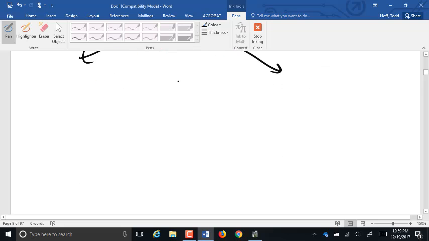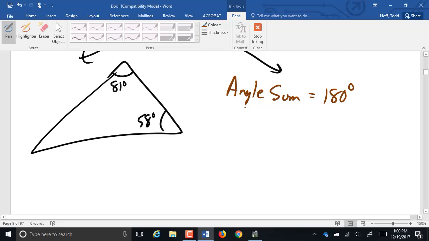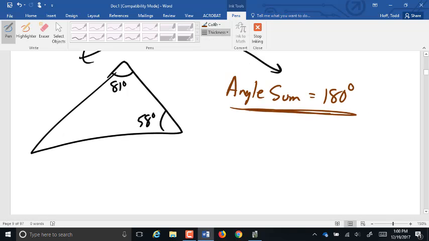Well, the last angle relationship we want to look at is a relationship in a triangle. The three angles in a triangle have to add up to what? 180 degrees. It's called the angle sum. The angle sum of a triangle is 180 degrees.